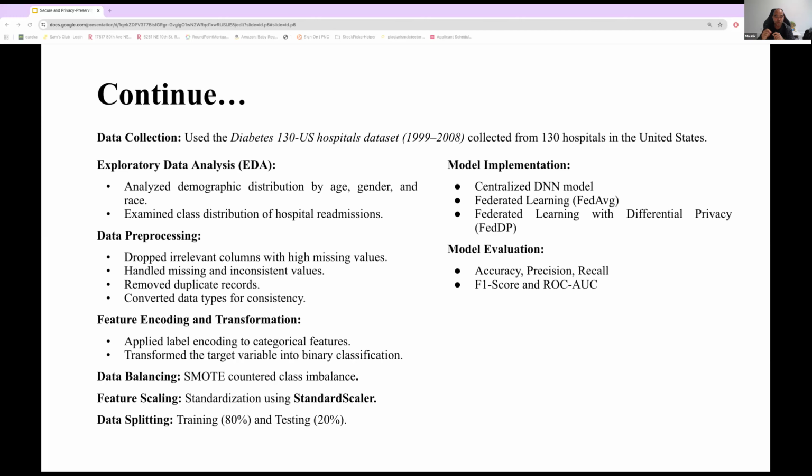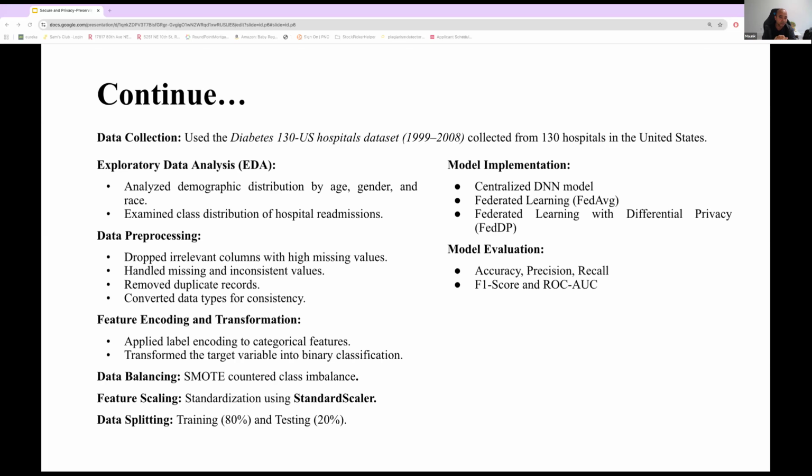So during our exploratory data analysis, we did see some imbalance in the patient population diversity, and we also noted significant racial disparity. So we used the pre-processing stage to balance that data.